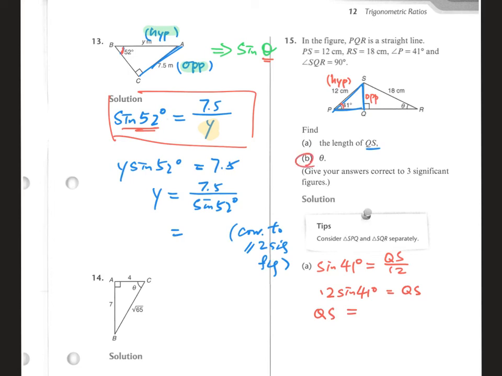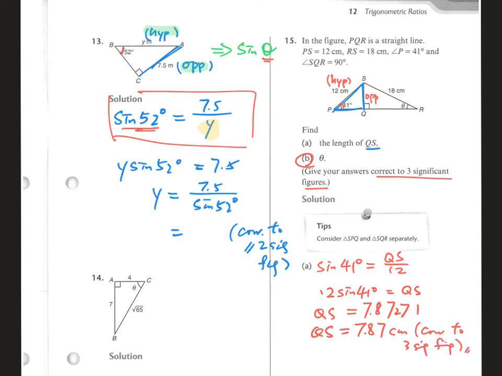Because you still have part B, I suggest you to write a long answer first for this question, which is 7.877271, around 6 numbers. And finally, draw the conclusion as required by the question, correct to 3 sig fig, which is 7.87 cm.